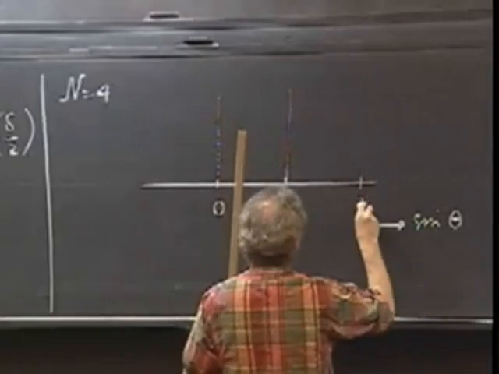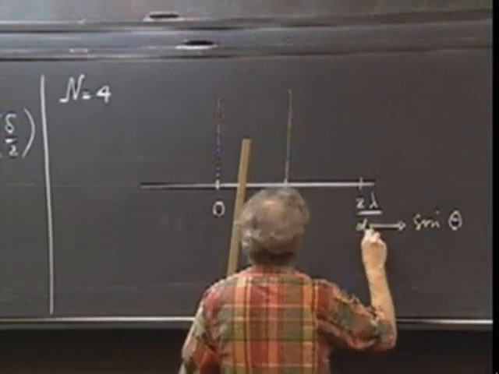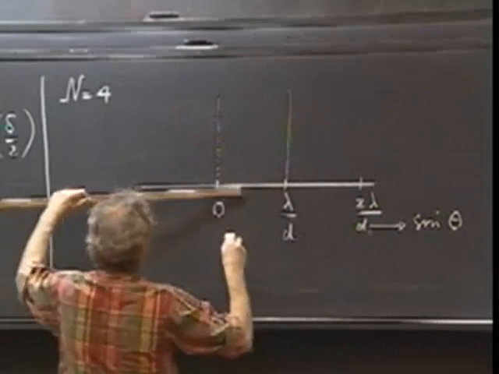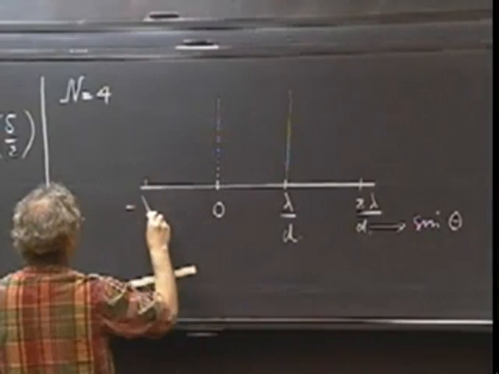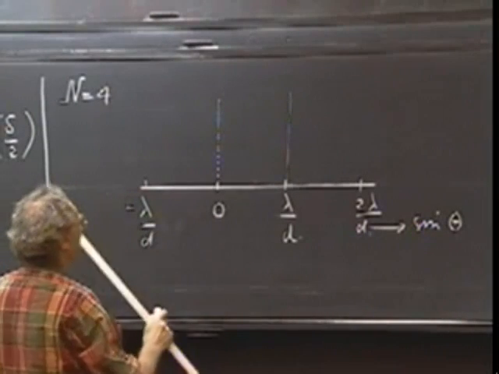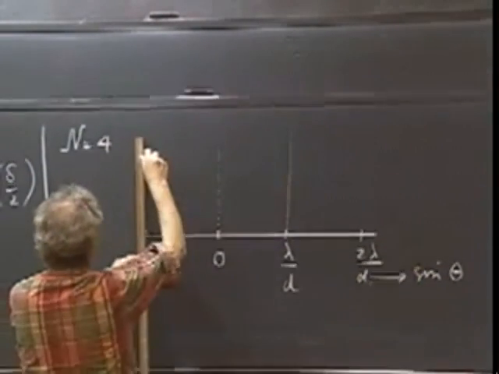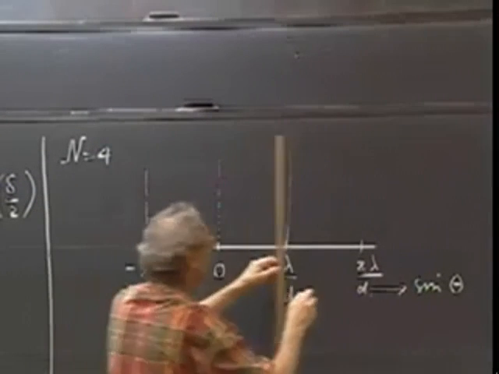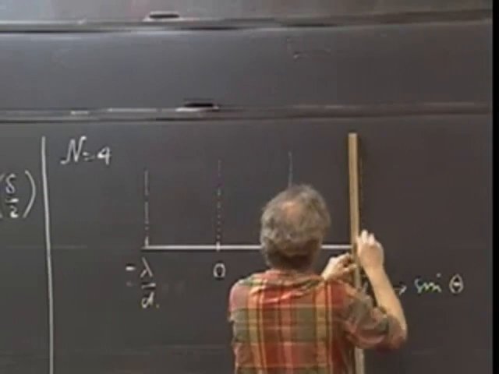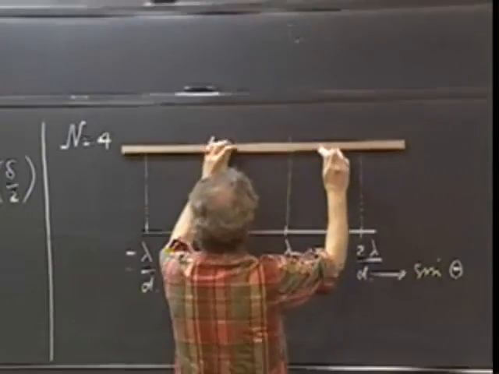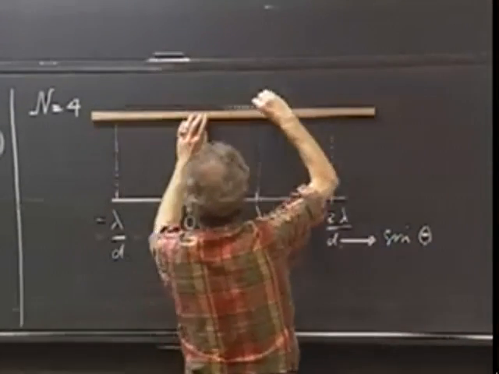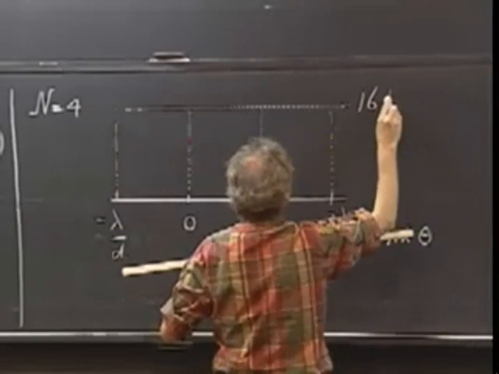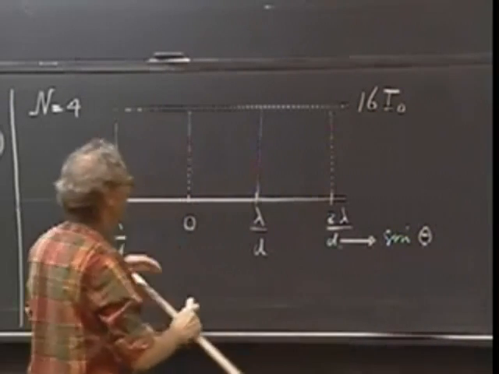If sine theta is 2 lambda divided by d, you get a maximum. And of course, on the other side, minus lambda over d, you also get a maximum. And according to the equation, if you really believe that equation verbatim, then all these peaks would have the same maximum, which would be 16I0, because this is the n squared.